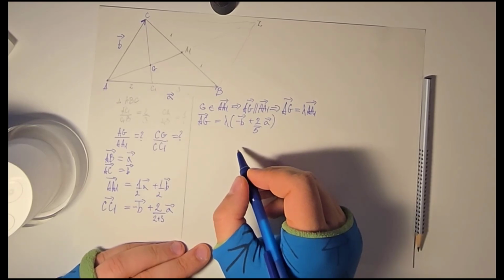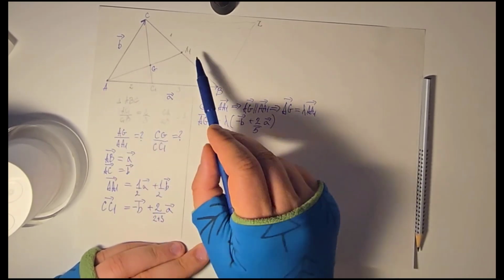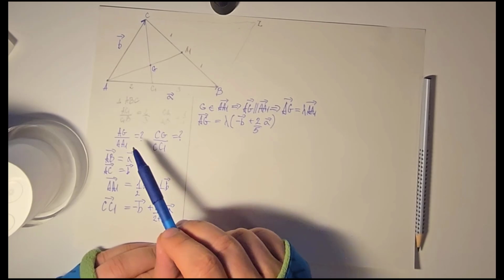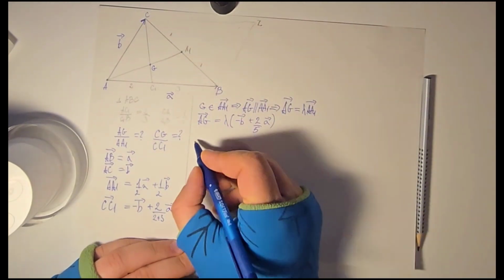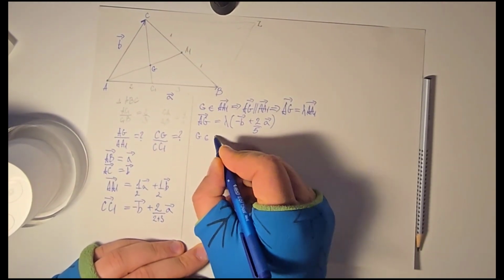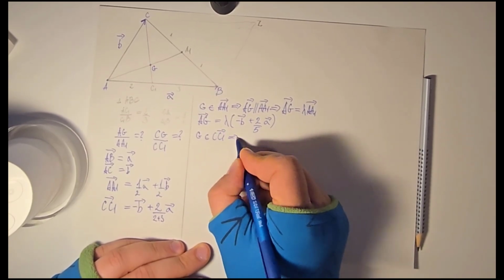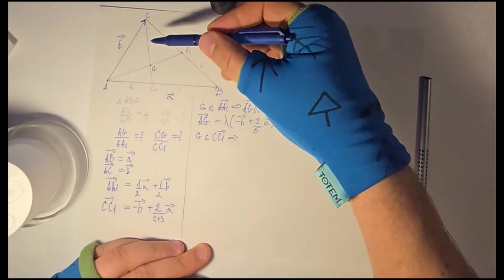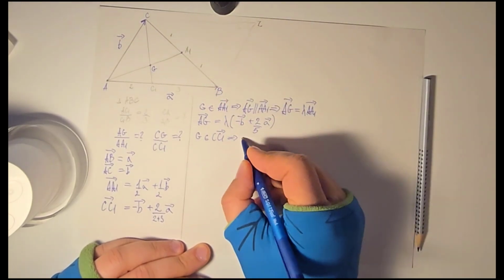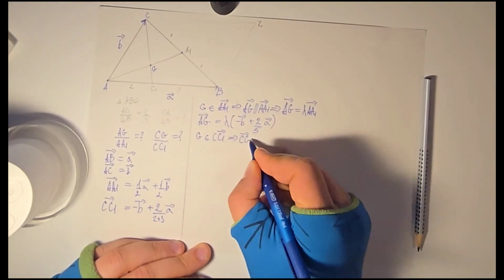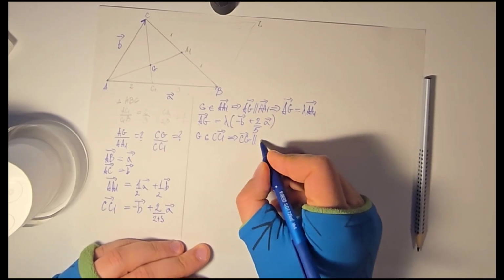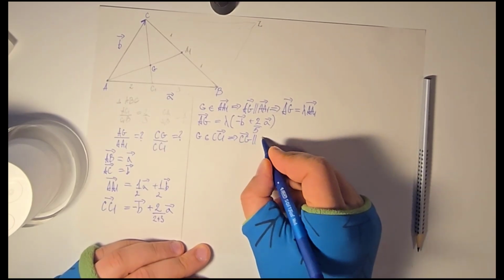We are good. And now we can continue doing the same for CC1. So in this case, G belongs also to CC1. And from here we can say that CG is parallel to CC1.